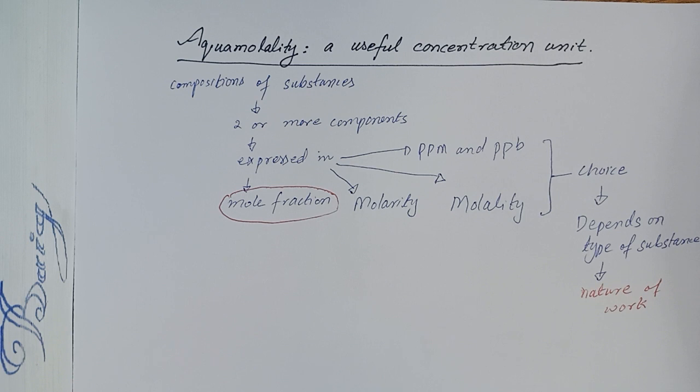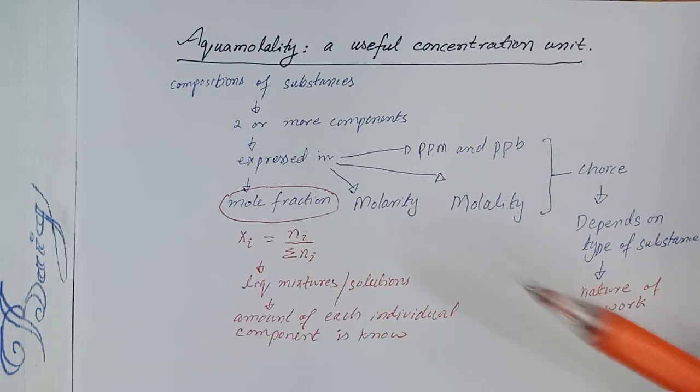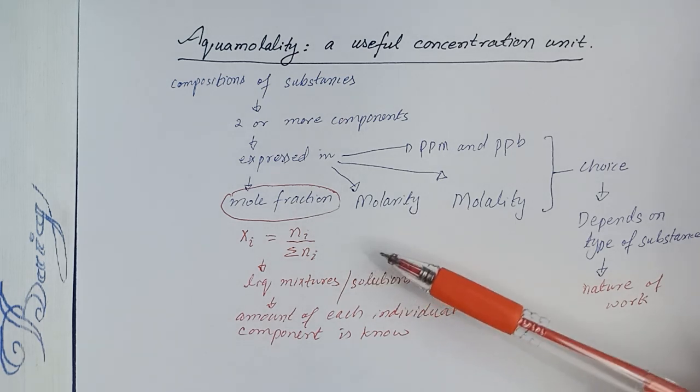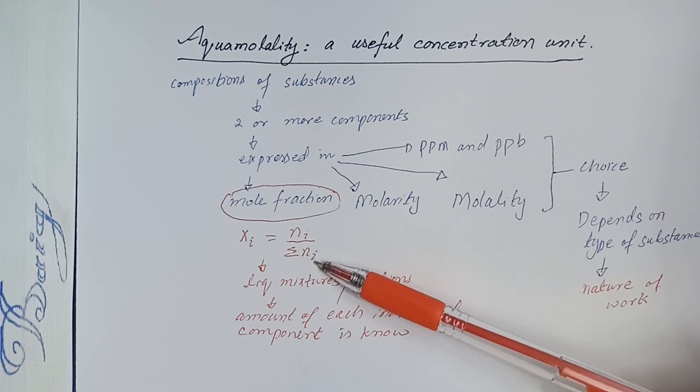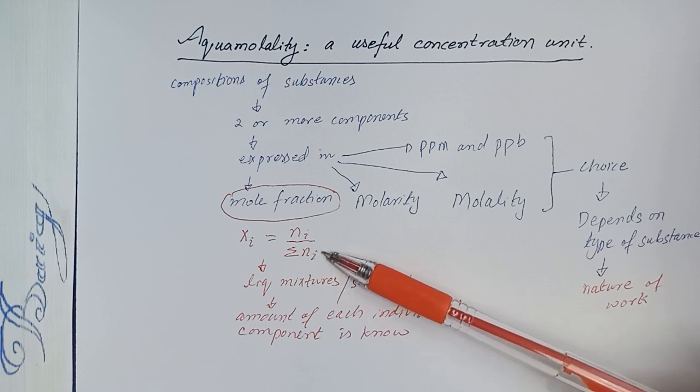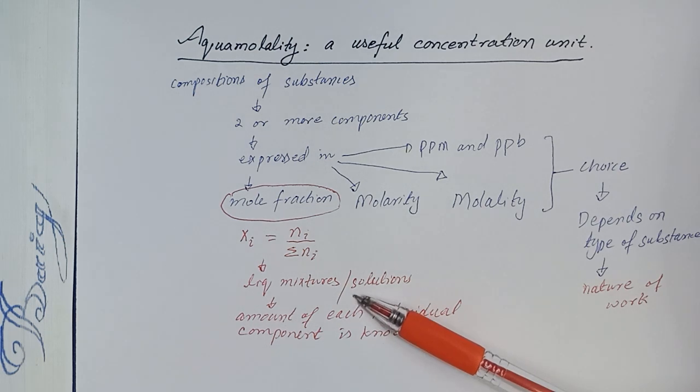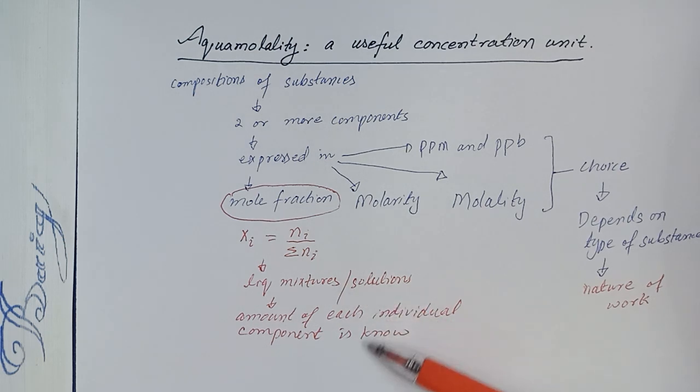Mole fraction, the mole of a given component per mole of all of the components taken together, is frequently employed for liquid mixtures or solutions in which the amount of each individual component is known.